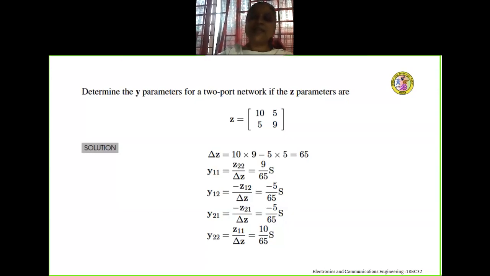And Y21 is minus Z21 divided by delta Z, which is equal to minus 5 divided by 65. And Y22 is equal to Z11 divided by delta Z, which is 10 divided by 65.